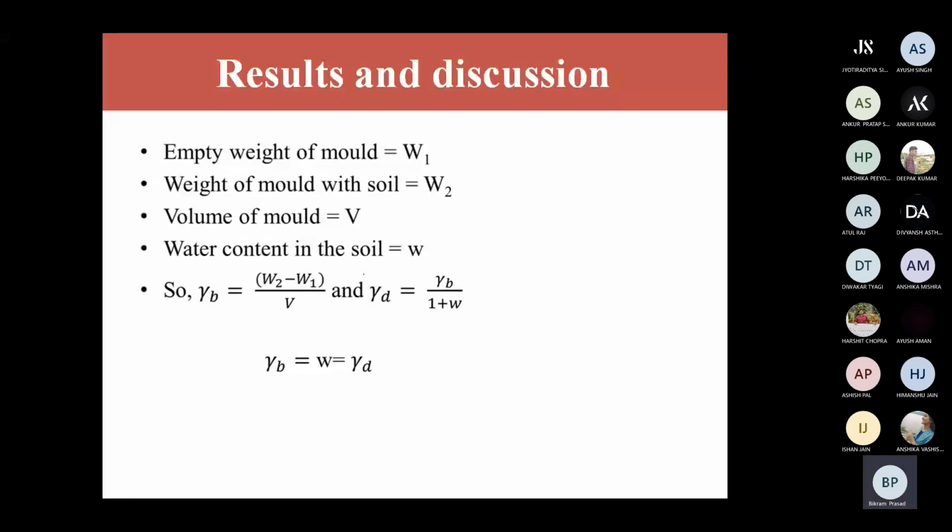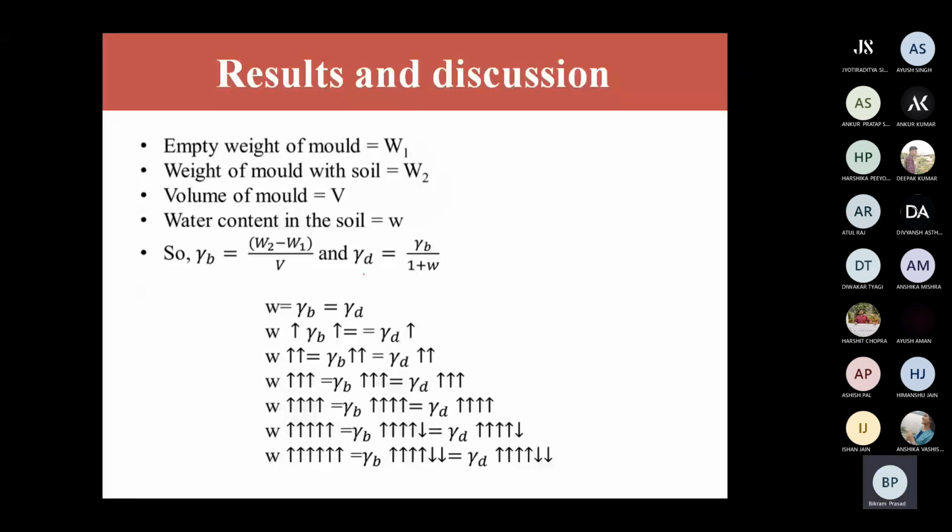So the empty weight of the mold is W1, the weight of the mold with the soil is W2, the volume of the mold is V, the water content in the soil is w, and gamma b is the same as I told. You can see here that when the water content increases, the bulk density increases and the dry density also increases.